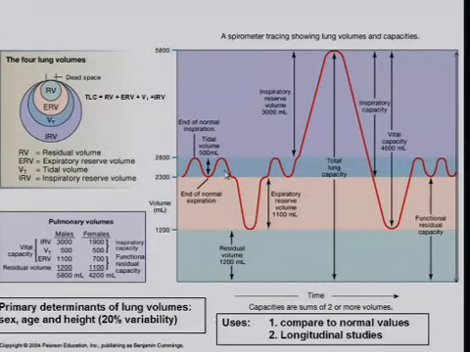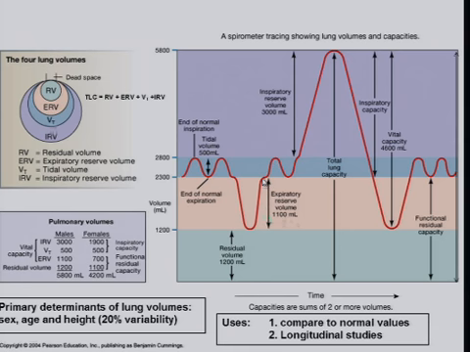Now, if at the end of expiration we exhale as much as we can beyond a normal exhalation, this is called an expiratory reserve volume. So now we can breathe out this additional volume. This normally is about 1,100 ml, about twice what your tidal volume is.